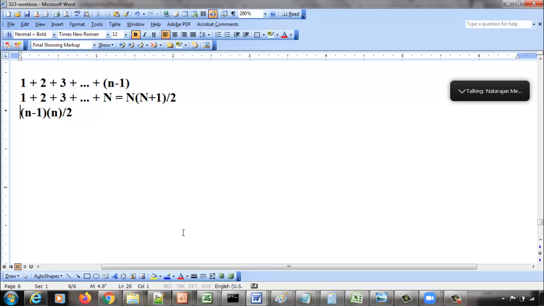The worst case is this, the best case is n minus 1. They are different from each other, so you have to use big O notation for the worst case. Now the worst case is n minus 1 times n over 2, so that's going to be n squared, the most dominating term.